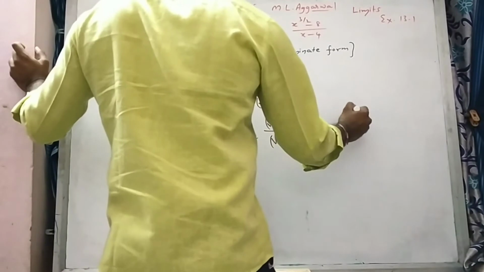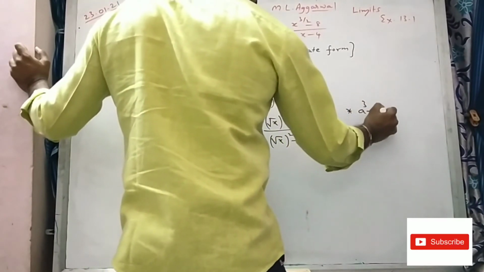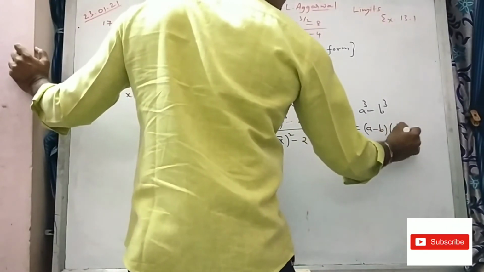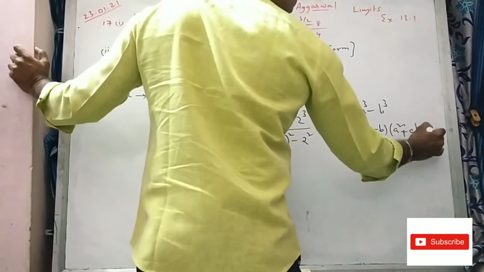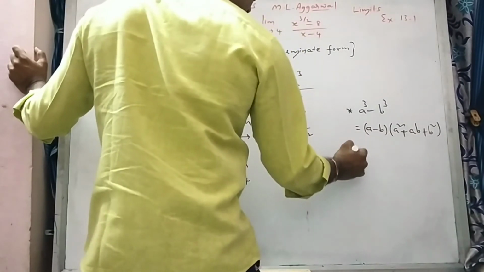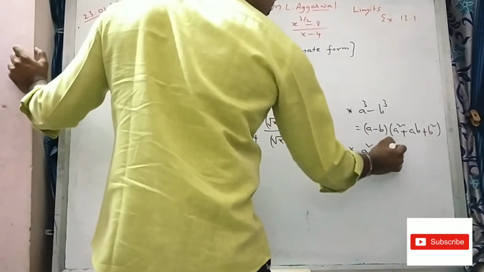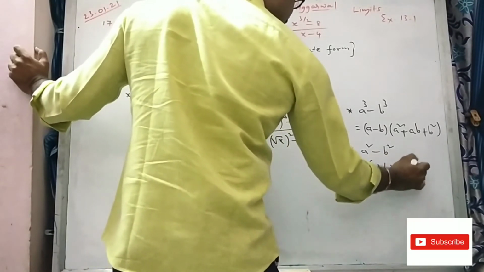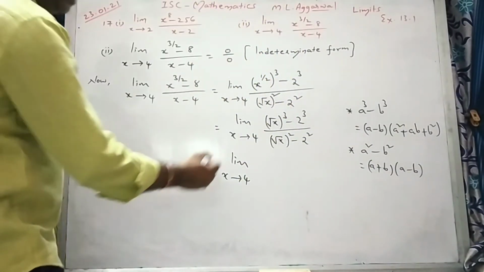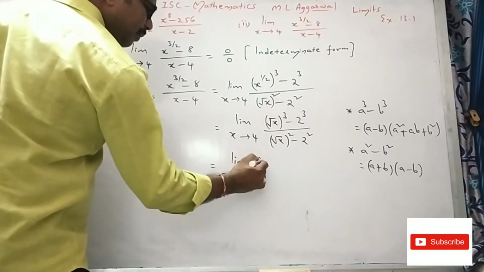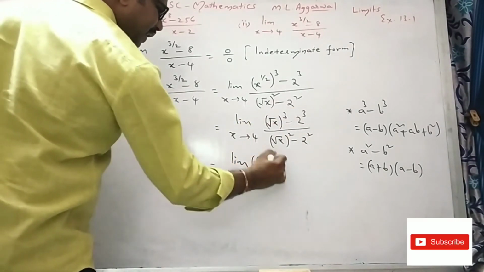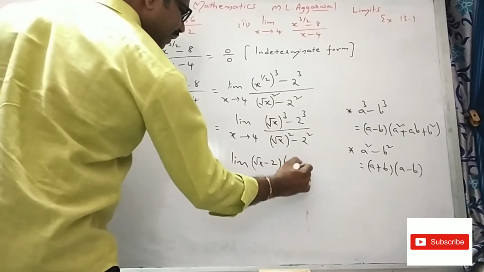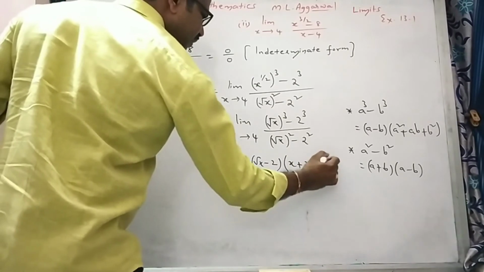We have an algebraic formula, a cube minus b cube equals (a minus b) into (a square plus ab plus b square), standard form. Similarly, a square minus b square can we write (a plus b) into (a minus b). These two algebraic formulas we can use here. A cube minus b cube means (a minus b) into (a square plus ab plus b square).